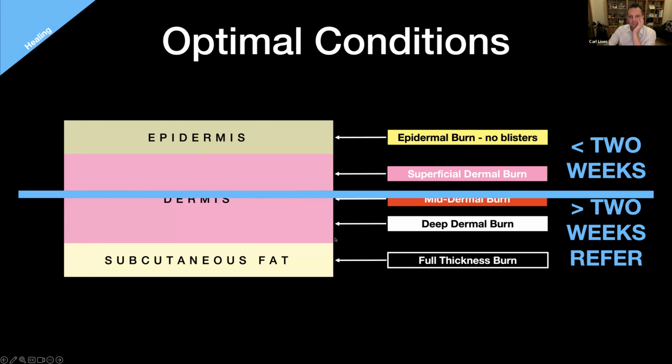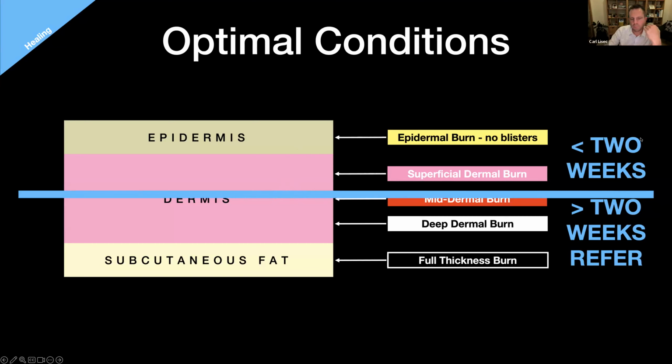So, last few slides, 2 weeks is the golden rule. If you have a burn somewhere around the mid-dermal area, burns that are more superficial than this will usually take less than 2 weeks to heal.